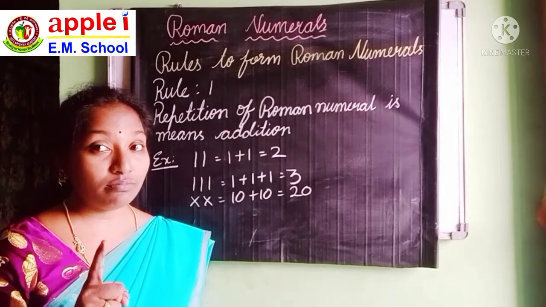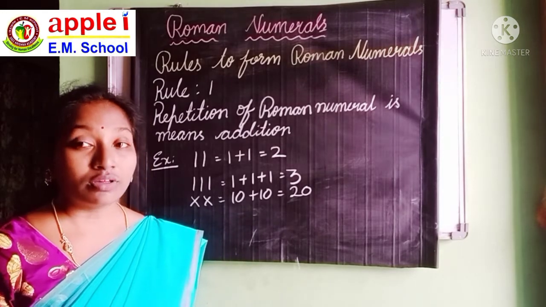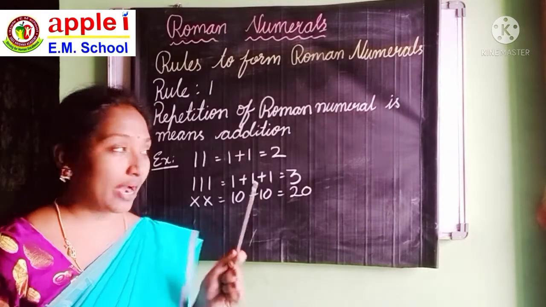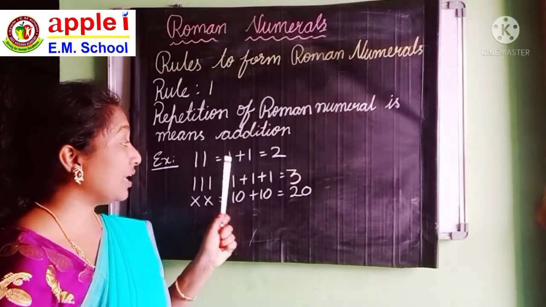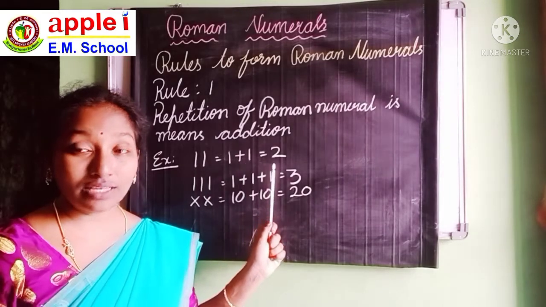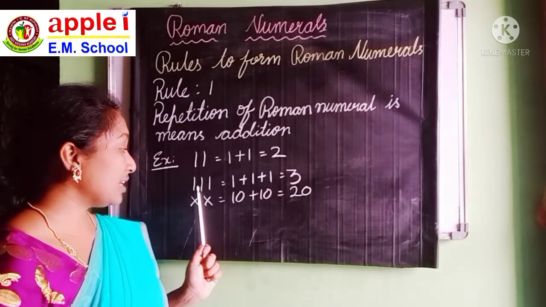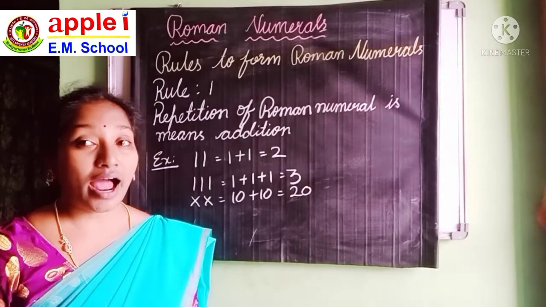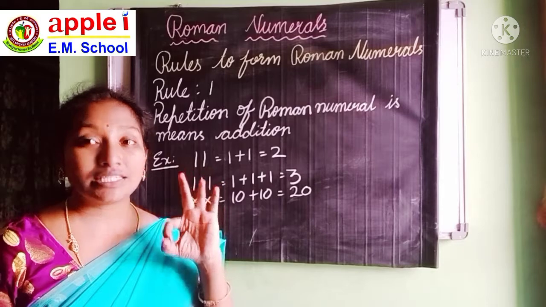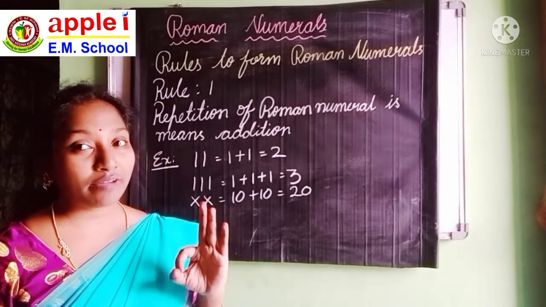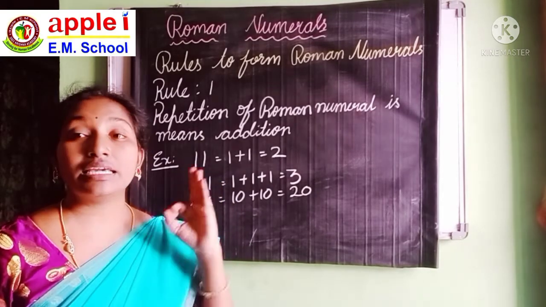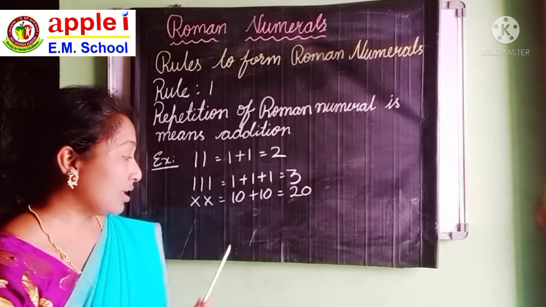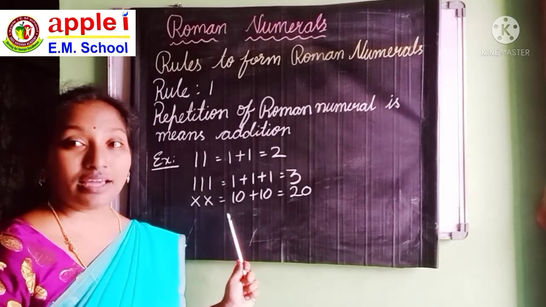I means 1, so we have to add: 1 plus 1 is 2. Next one, III. Here, I is repeated 3 times, so we add 1 three times. The answer is 3.